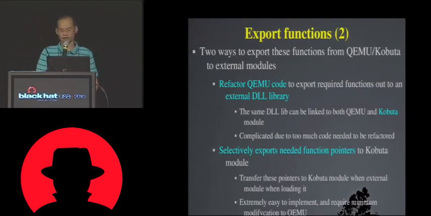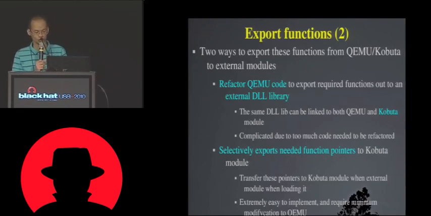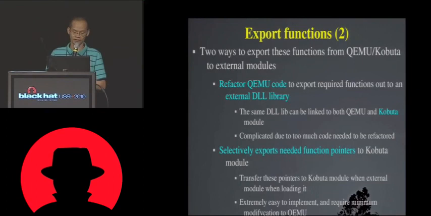First way, we can refactor the QEMU code to export the required functions out as an external DNN library, so the same library can be linked to both QEMU and the Kubota module. So the Kubota module can access the functions used by QEMU too.